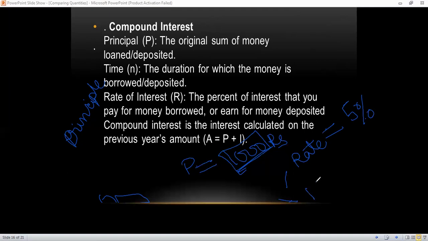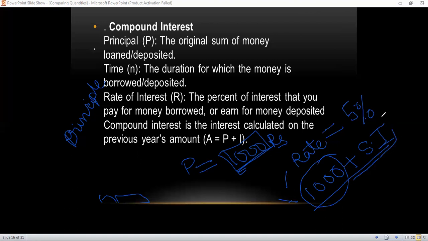or they will refund you the money by charging the interest, or you can say with this 1,000 rupees they will add the interest. This 1,000 rupees you have deposited to the bank, so they have refunded you with adding interest.